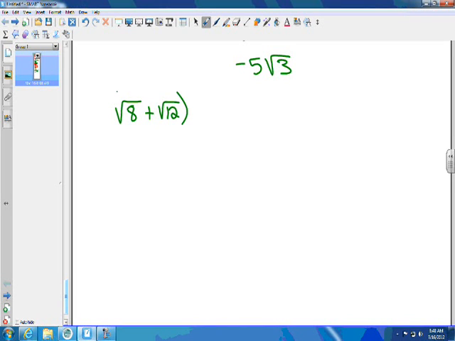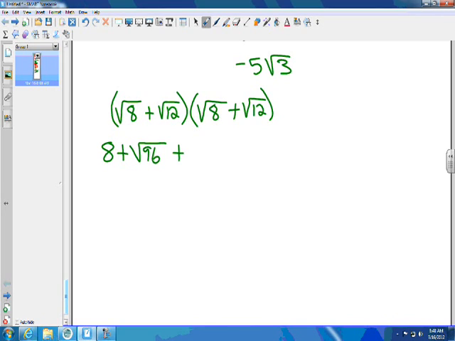And since it's squared, you must remember that is FOIL. Square root 8 times square root 8 is 8. Outside, I would go ahead and just multiply those numbers. So that would give you 8 times 12 is what? 96.